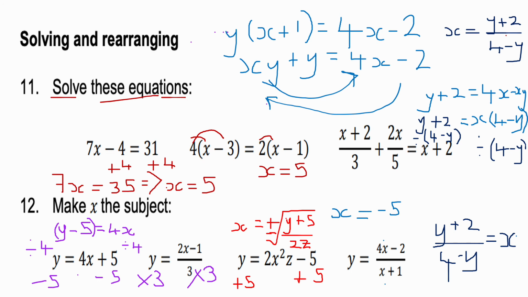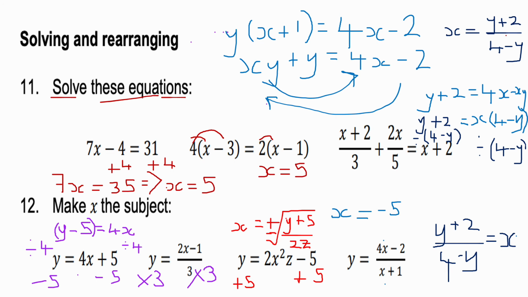So hopefully it's made sense, guys, and hopefully you were able to take something away from this. Make sure that you practice and revisit solving linear equations, like 2-step equations, 3 and 4-step equations, and equations involving fractions, and rearranging formulas of these kinds, and then rearranging formulas where the subject appears twice.